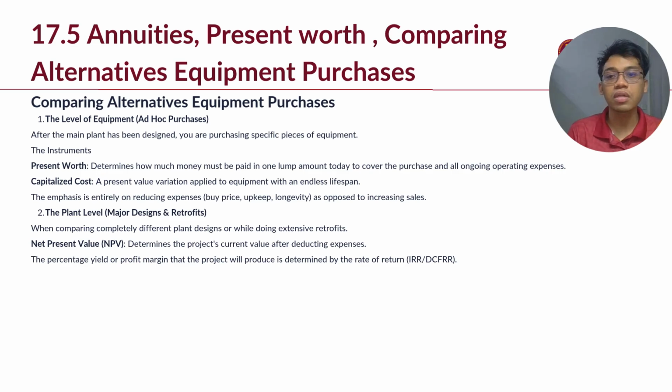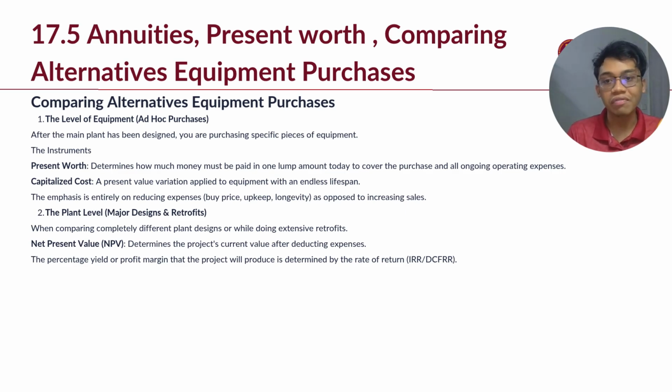So the present worth determines how much money you must pay as one lump sum today to cover the purchase and all ongoing operating expenses, and to consider also the capital lease cost. Present value of variation applies to equipment with an endless lifespan. This emphasizes the importance of reducing expenses by price and longevity, as opposed to increasing sales.